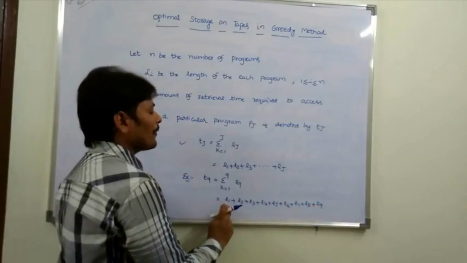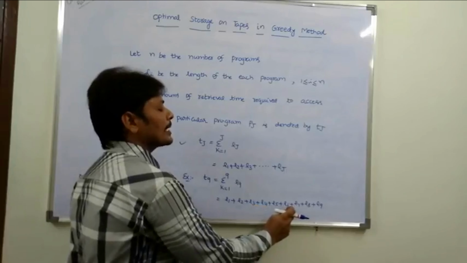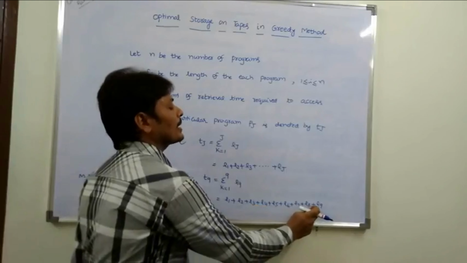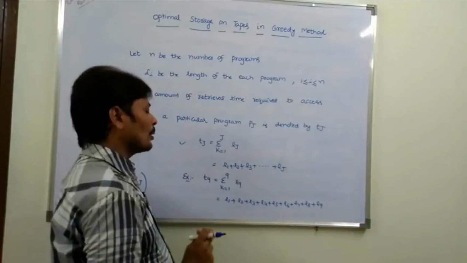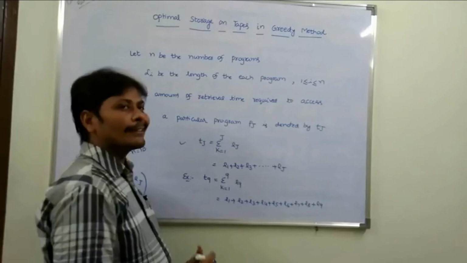So the sum of L1 plus L2 plus L3 plus L4 plus L5 plus L6 plus L7 plus L8 plus L9 is equal to the amount of time required to access the ninth song.